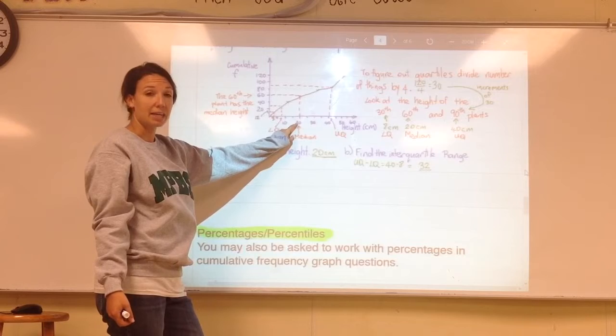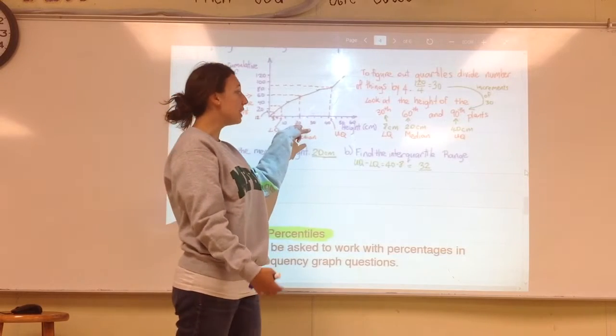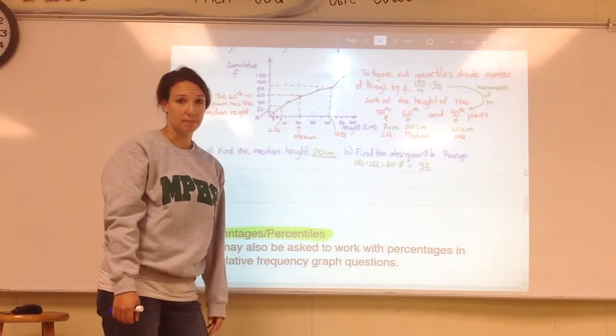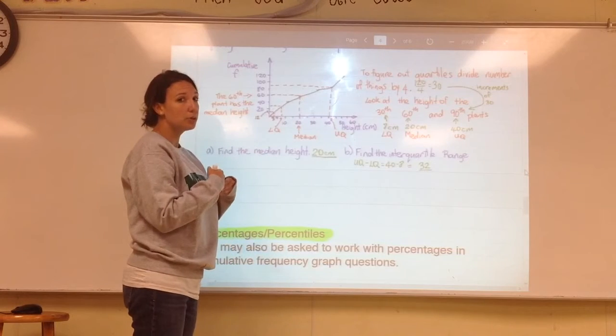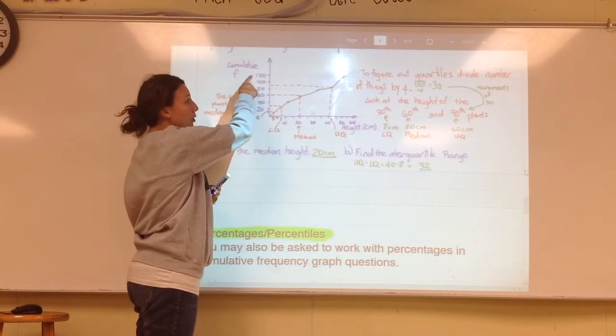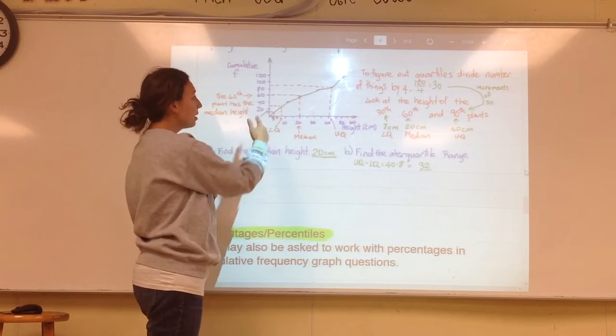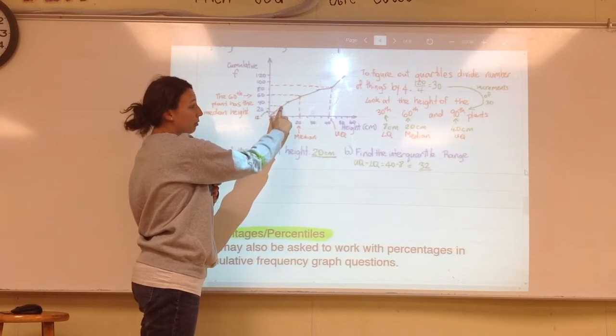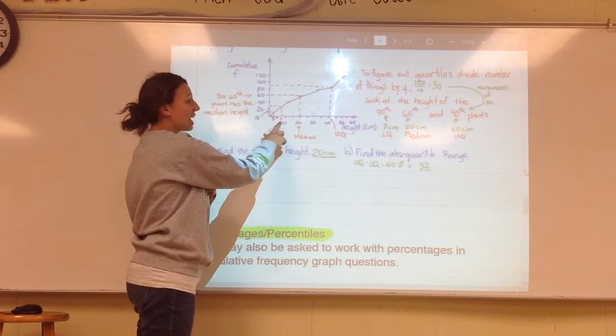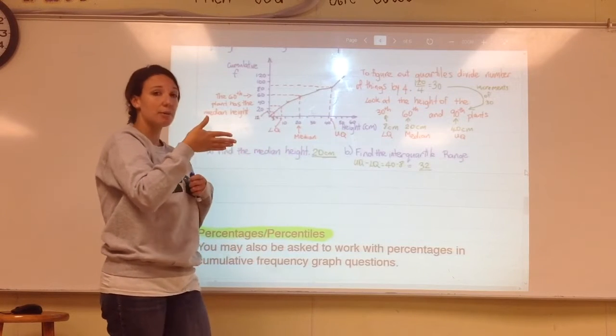It hits my x-axis at 20, and so my median here would be 20 centimeters. Okay? Same thing for Q1 and Q3. So if I have 120 total, 1/4 of that is going to be 30. I go over and down. I hit about 9. That's going to be my Q1.